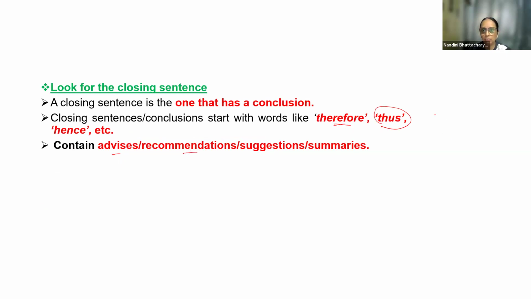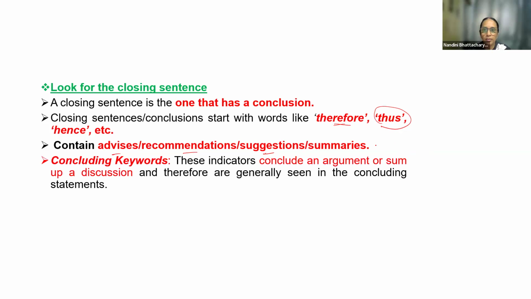So maybe some particular problem is being talked about, and recommendations or suggestions are given, that could be a concluding sentence. Or a summary of the entire thing could be a concluding sentence. So if you look at the keywords, thus, therefore, finally, eventually, or clearly, these can come in the conclusion, right?